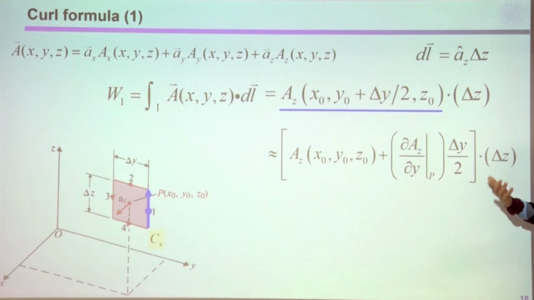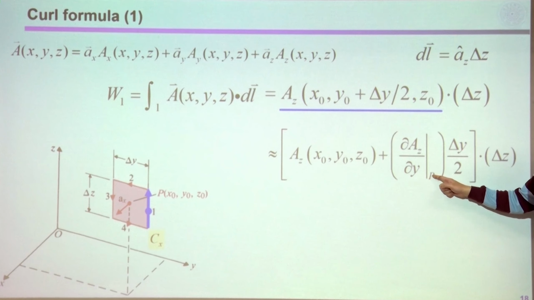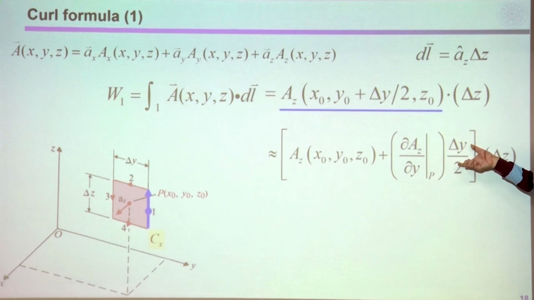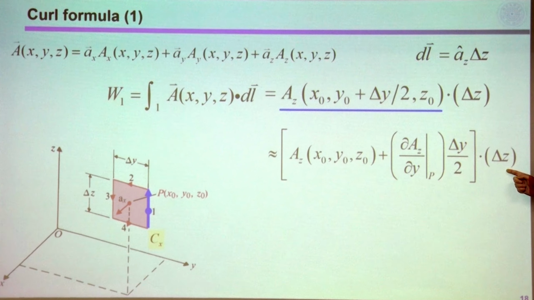I want to know the slope of Az component with respect to differential changes in y evaluated at the center point, but then multiplied by my offset in the y direction. And then the entire bracket is multiplied by the differential length, the total magnitude, delta z.